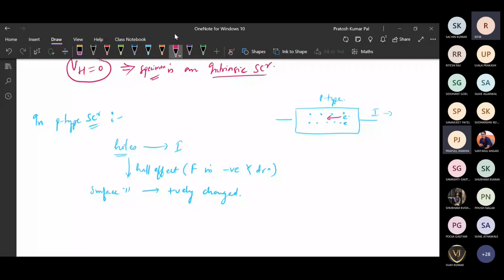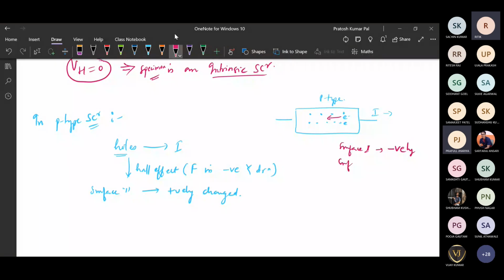If this is the case, if we are placing this p-type semiconductor into the Hall condition, like Hall effect is put on this p-type semiconductor, and if electrons are the majority carriers in p-type, then surface 1 should be negatively charged and surface 2 should be positively charged.